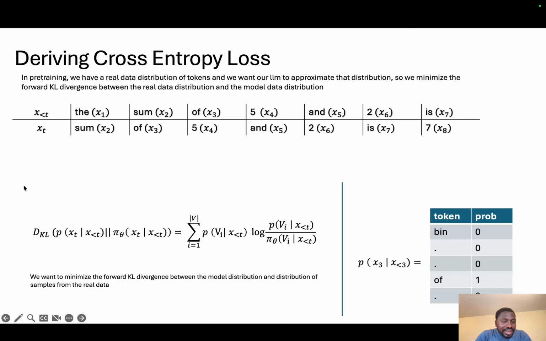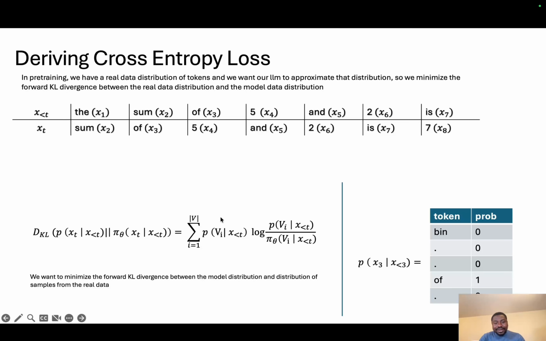So what we do is the forward KL divergence, right? The probability, which is basically p of xt given x less than t for the real data, KL divergence from pi theta, which is the model parameterized by theta, of xt given x less than t. And so this is basically a summation over the vocabulary, right?